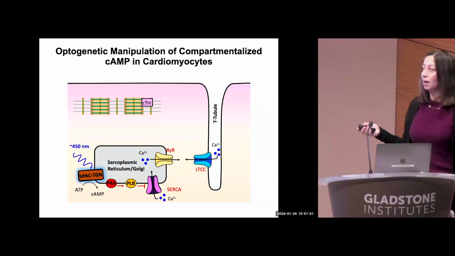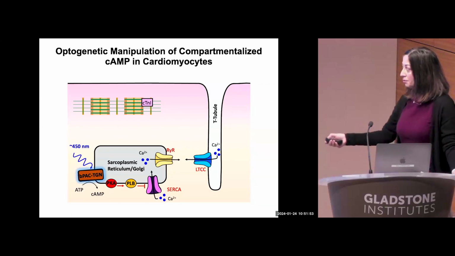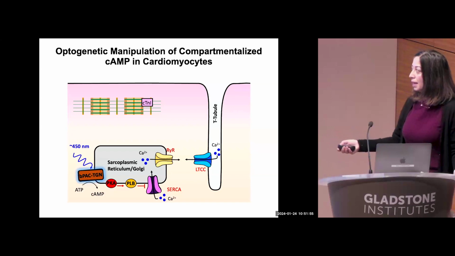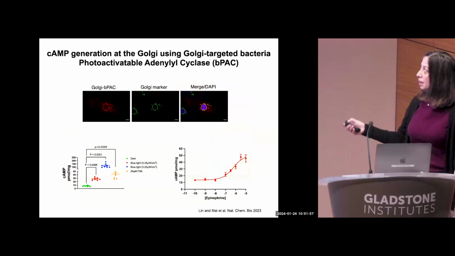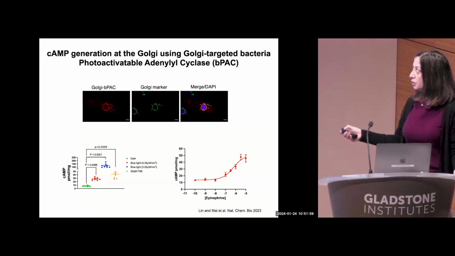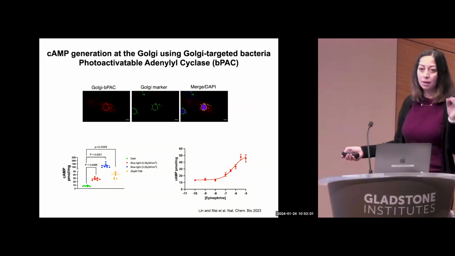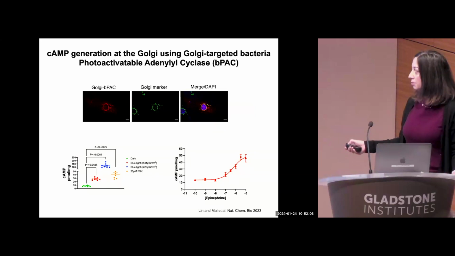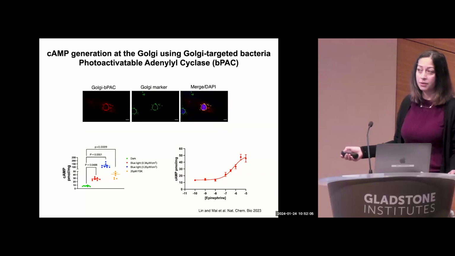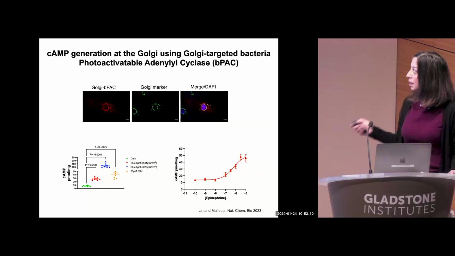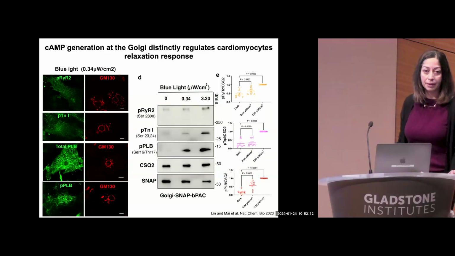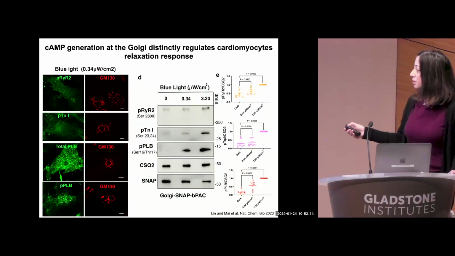Tingyu Lynn, the postdoc in the lab, spent a lot of time troubleshooting the exact conditions for these bPAC sensors, targeted to the Golgi, that you can illuminate with blue light to give rise to either a physiological level or a superphysiological level of cyclic AMP, and tested what happens to the phosphorylation pattern of the three downstream effectors I mentioned.